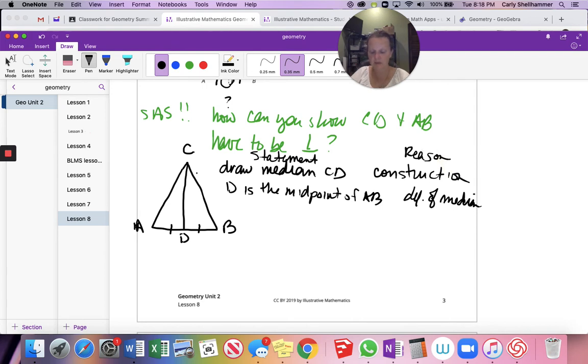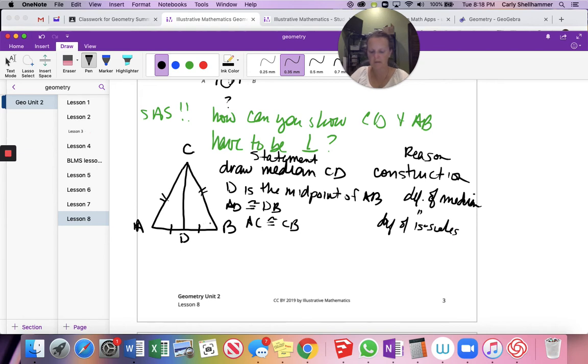Since D is the midpoint of AB, segment AD is congruent to DB. Again, definition of median. Since AC is congruent to CB, by definition of isosceles, ACB must be an isosceles triangle.